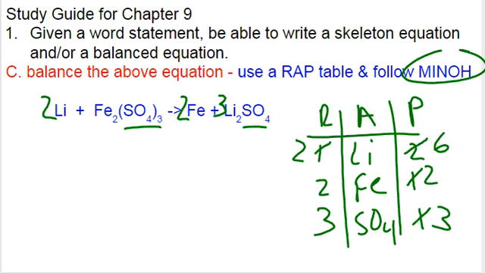So now my lithium is messed up, and I'm going to have to go back and change this to a 6 as well. And that's not so unusual that you have to double back and balance things more than once. But again, balance this pretty easily. And this is the main skill you need to be able to do on your Chapter 9 test.